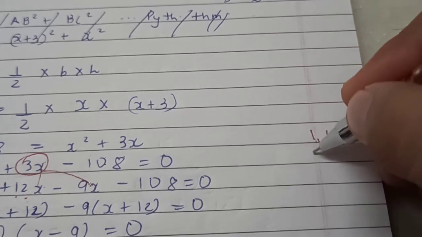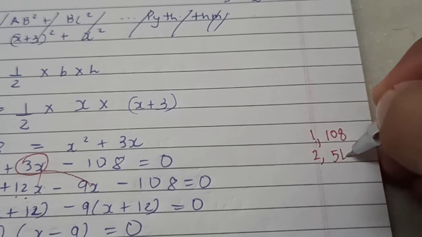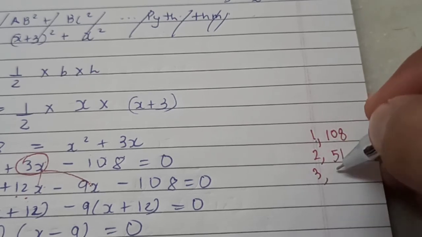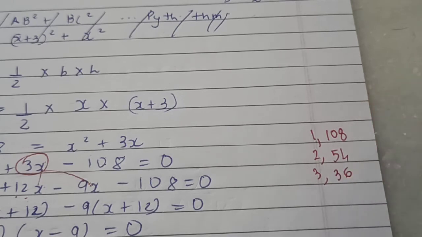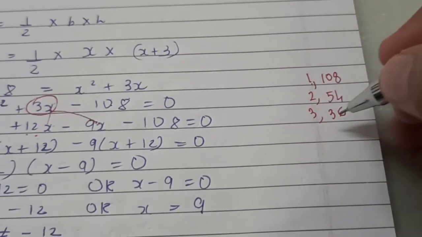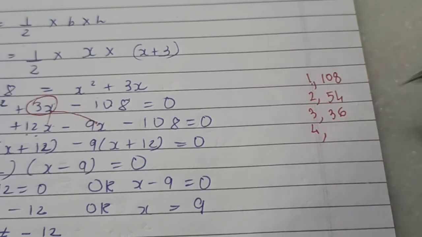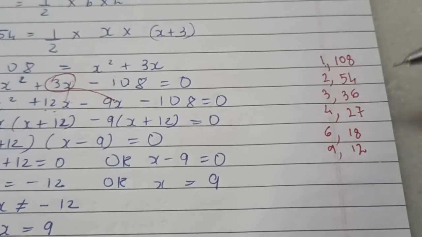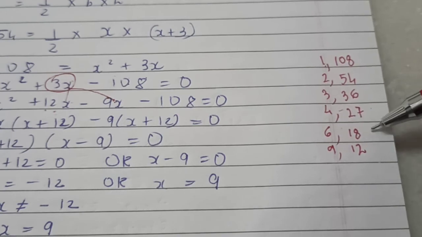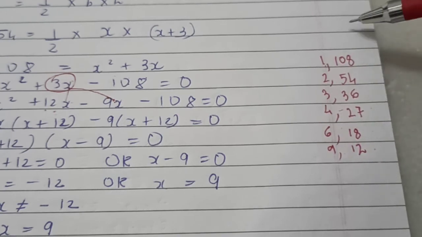It's 1 into 108, 2 into 54, 3 into 36, 4 into 27, 6 into 18, 9 into 12. These are all the factors.